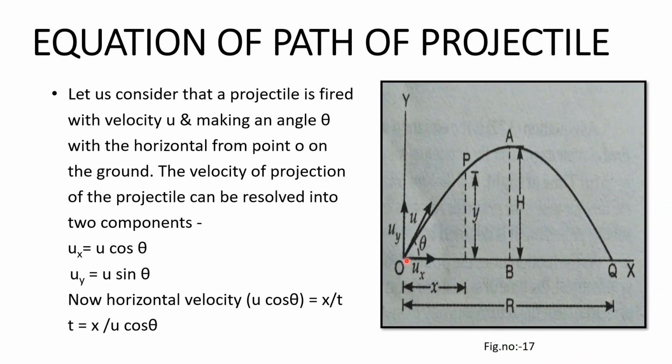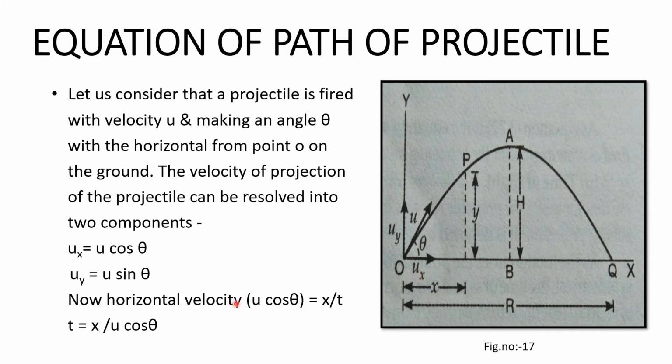Now x is the distance covered by the object along x-axis. Here r is the range of projectile. The body is moving in the air with a constant acceleration along y-axis and constant velocity along x-axis.